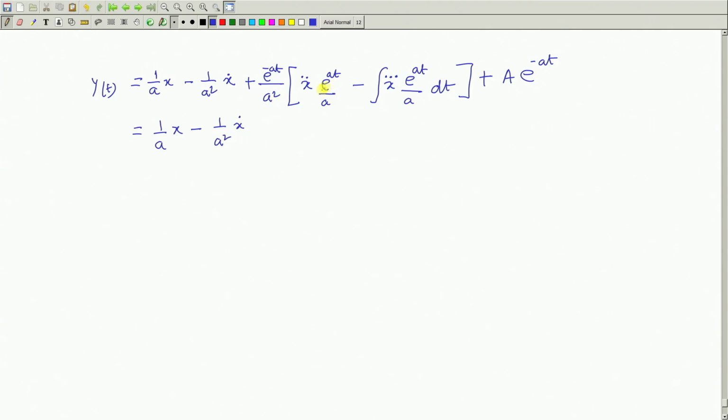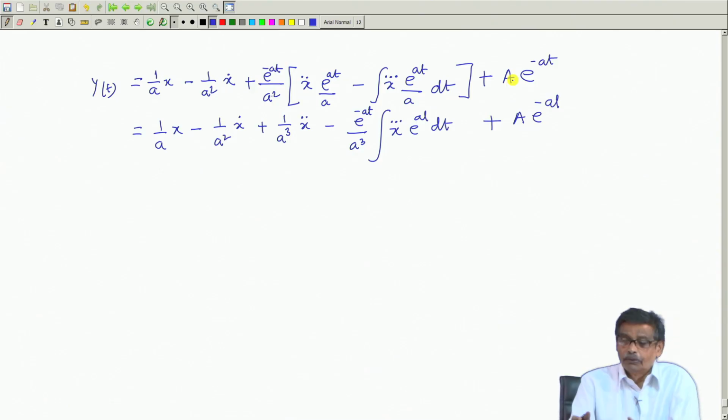Then if you put it inside, it will be plus 1 over a cube into x double dot. This e to the power a t cancels out, minus e to the power minus a t by a cube, because of the a square and this a, and this is the integration of x triple dot into e to the power a t dt, and then plus finally this one. Okay, I have now understood what is going to happen if I further expand.